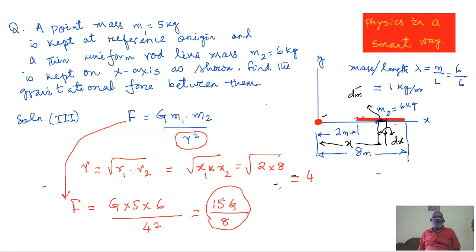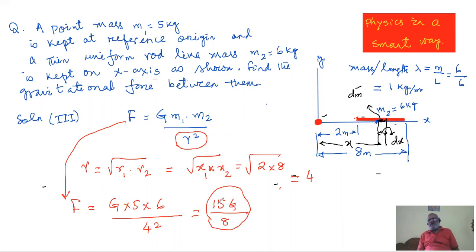Calculus has a definite procedure that makes you go through all the steps neatly, and then we can hope for the answer. But solution number 3 skips all those things, doesn't involve calculus, and still gives the correct answer, that is 15G by 8. Now I leave the whole thing to you.